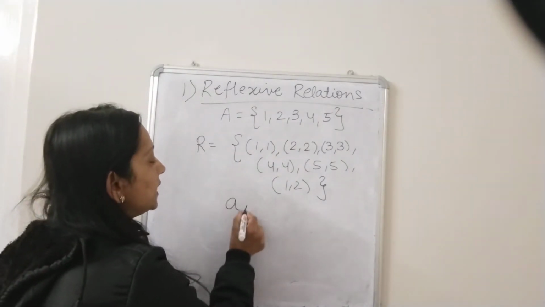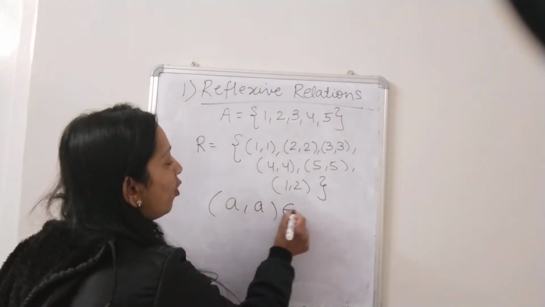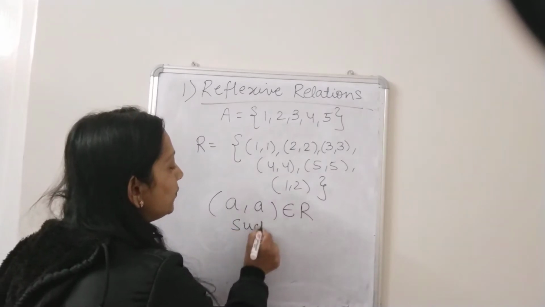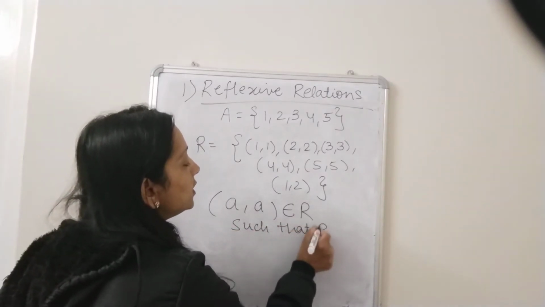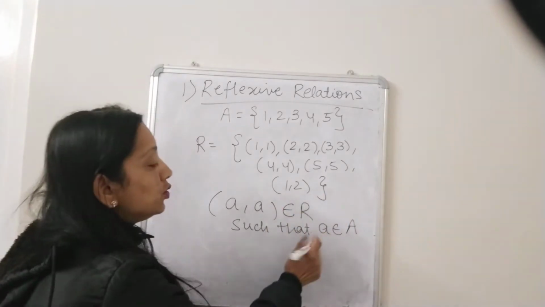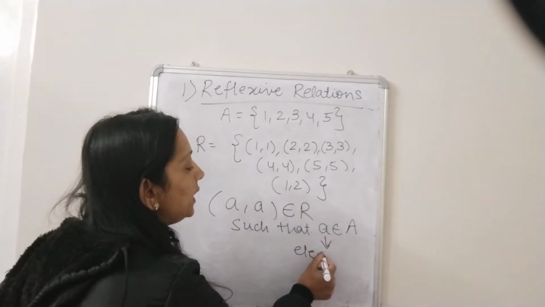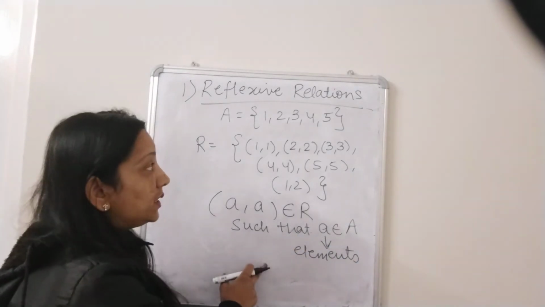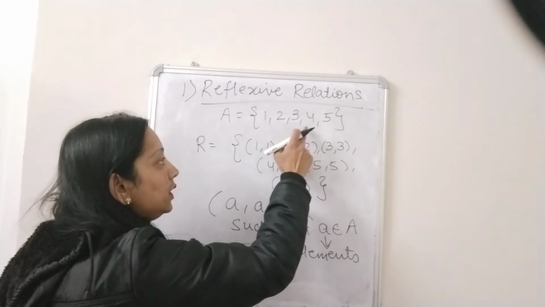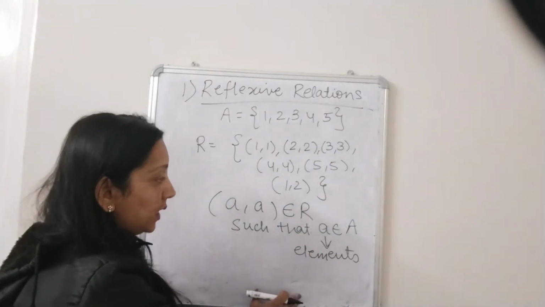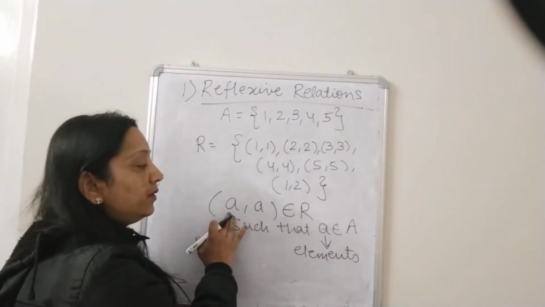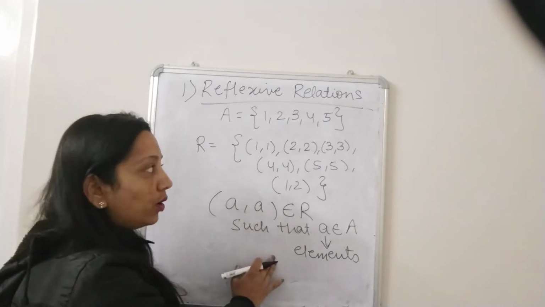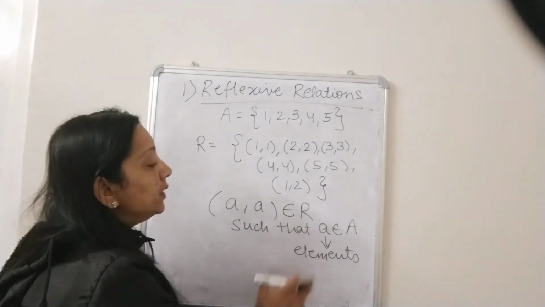So basically we can say that the ordered pair (a, a) belongs to the relation such that this small a belongs to the set A. The small a represents the elements of set A. So for all the elements of set A, that is for 1, 2, 3, 4, 5, the ordered pair in the relation must be of the form (a, a), like (1, 1), (2, 2) and so on.